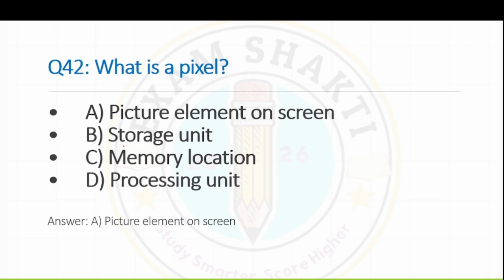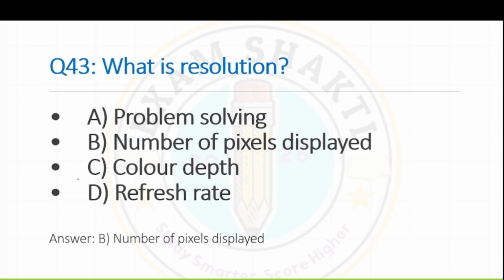What is a pixel? Picture element on screen, storage unit, memory location, processing unit. Answer A, picture element on screen. What is resolution? Problem solving, number of pixels displayed, color depth, refresh rate. Answer B, number of pixels displayed.